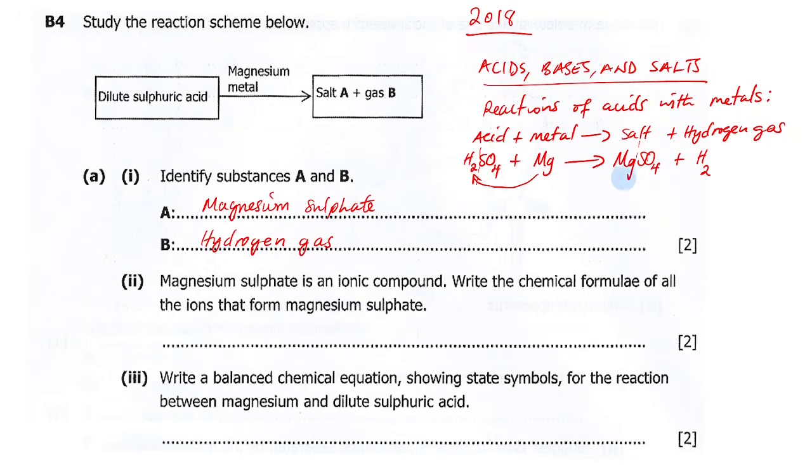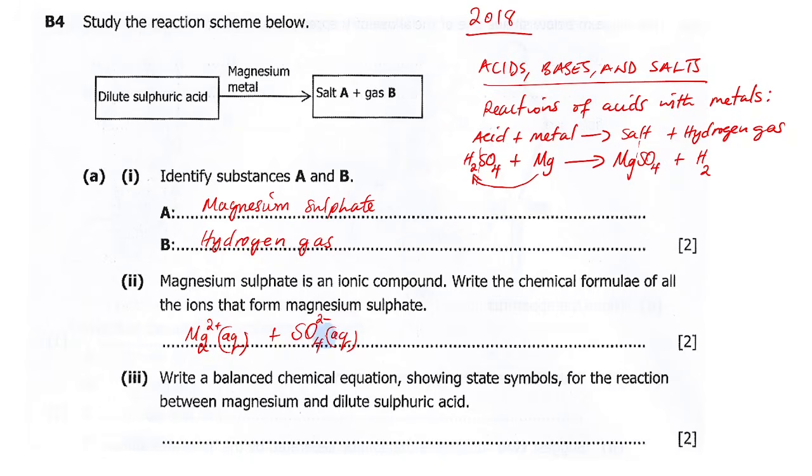The ions that form magnesium sulfate are magnesium, which is an ion that exists in aqueous, plus the other ion, the sulfate, also in aqueous. The sulfate is a radical with a negative charge of 2, and magnesium has a positive charge of 2.